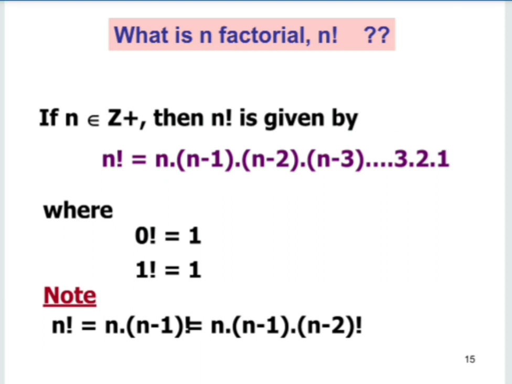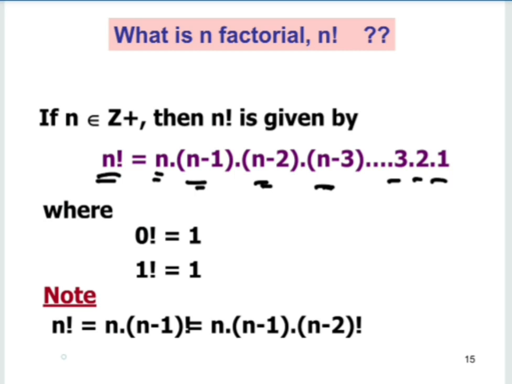So now let me introduce what factorial is. Factorial is given by this: n factorial equals n times n minus 1, n minus 2, n minus 3, until 3, 2, and 1. An important note here: 0 factorial equals 1 and 1 factorial also equals 1.